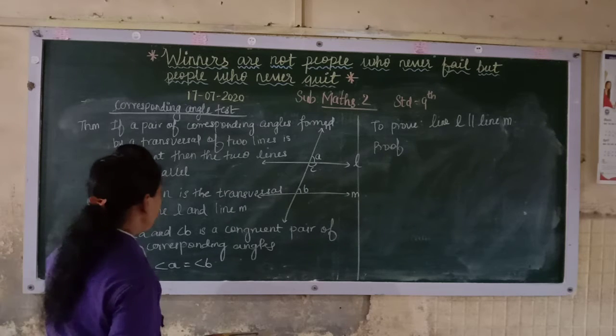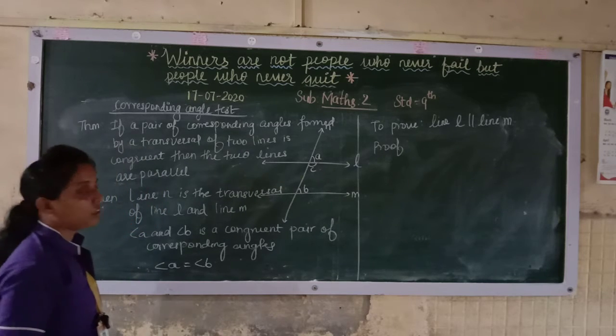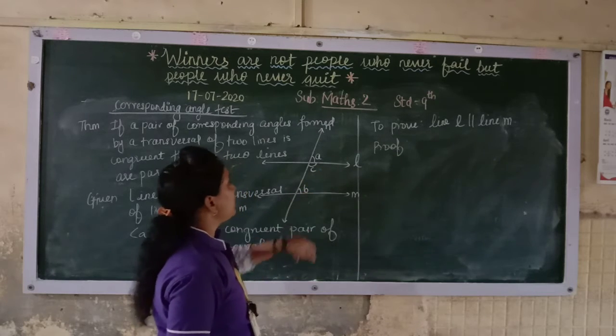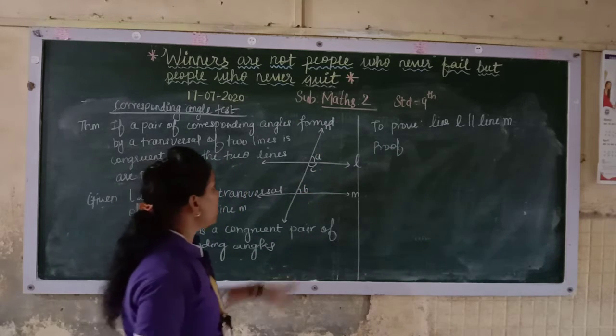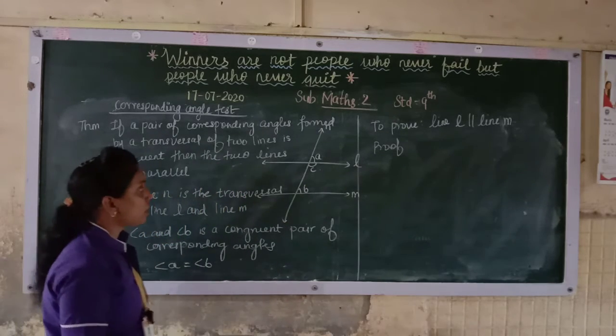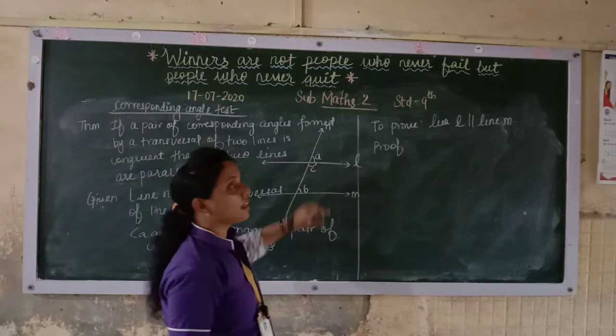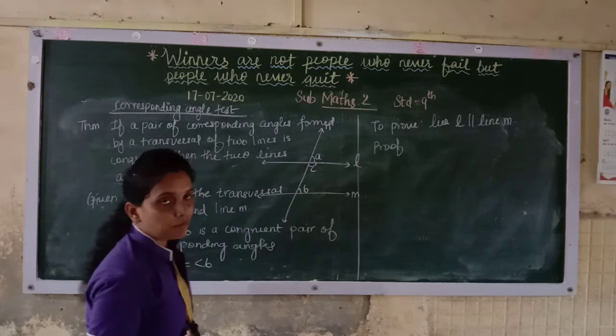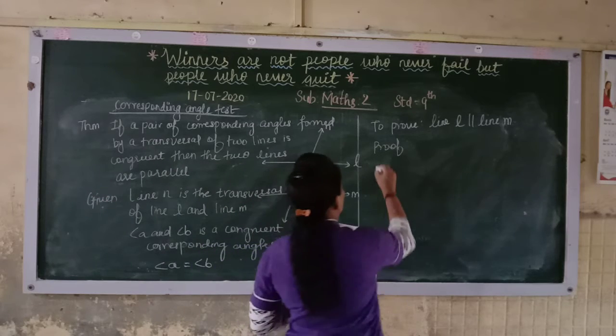So their sum will be 180. But if you see that A is equal to B, so what you will get, C plus B is 180. So here again you will get that interior angle sum is 180. Therefore the lines will be parallel, like the previous one only.